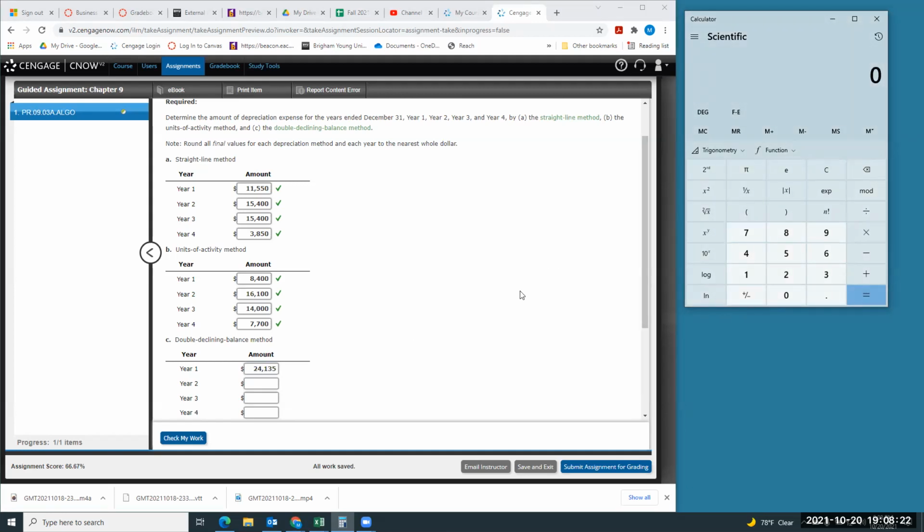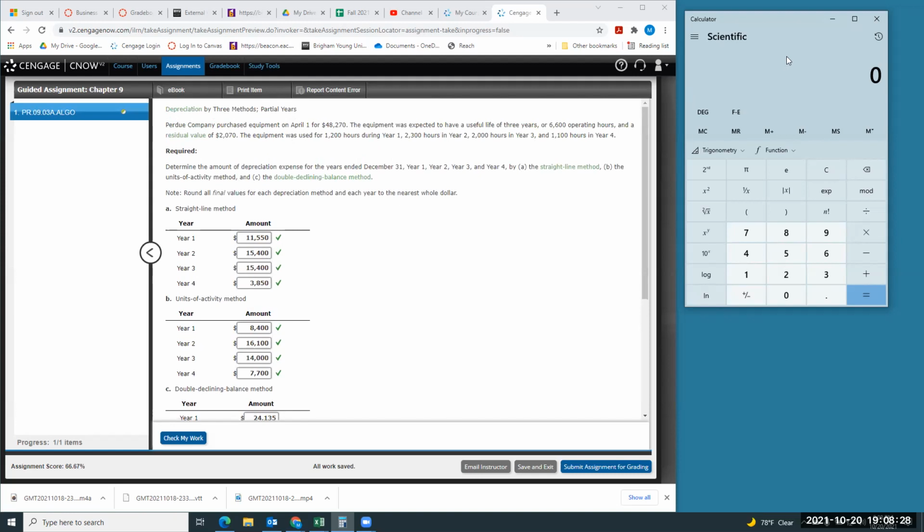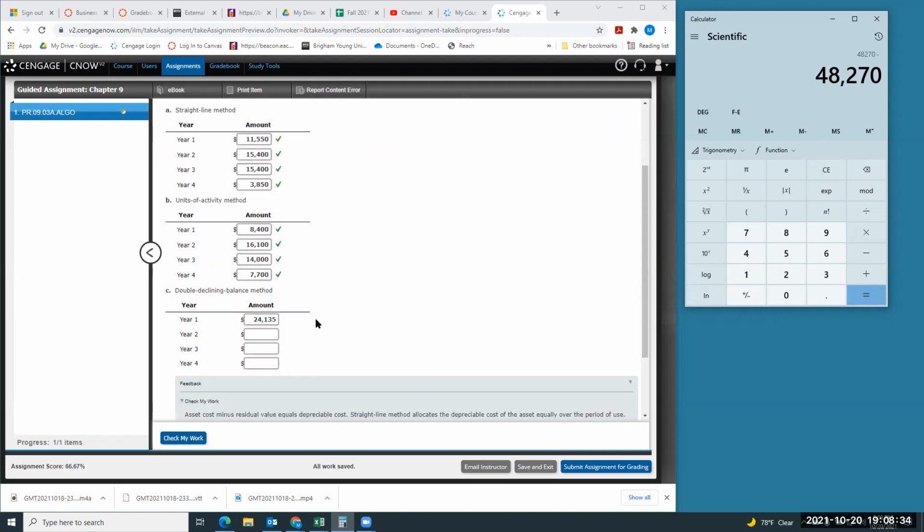Our book value is our cost minus any depreciation we've accumulated up to that point. So our cost was $48,270. And in that first year, we depreciated $24,135. So our book value is $24,135. It's like we depreciated exactly half of the cost in that first year.